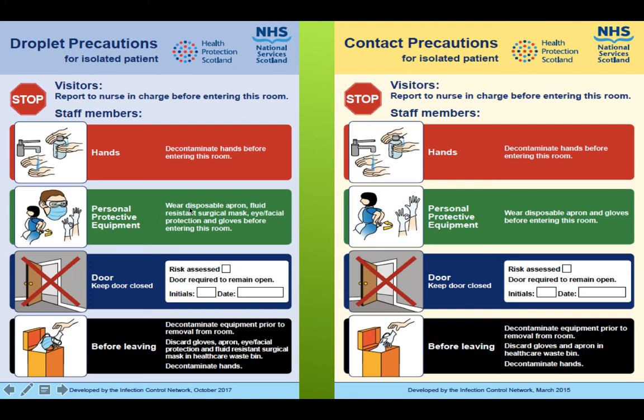What's recommended is to wear a disposable apron, fluid-resistant surgical mask, eye or facial protection, and gloves before entering the room. In particular, door closed is a no at this point. But again, if we were in a situation like this, we would rely on the guidance of medical professionals as to whether or not to leave the door open or closed.